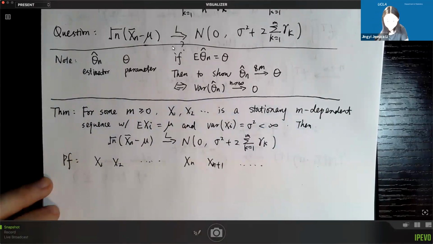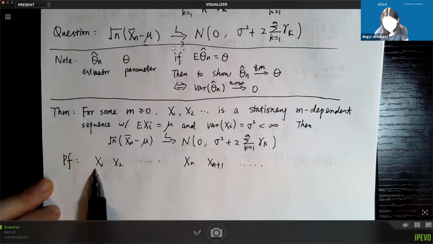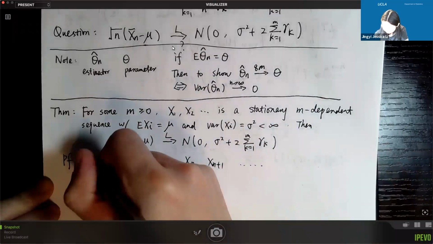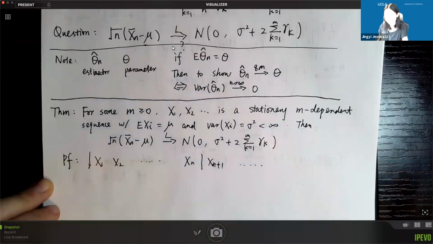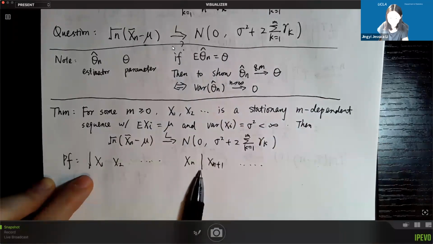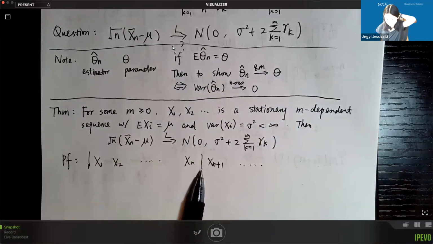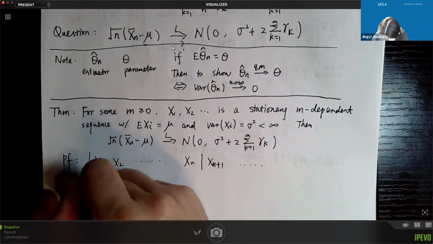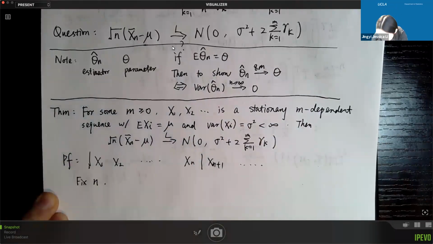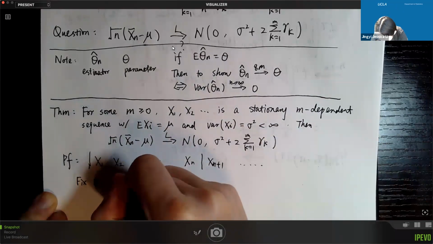What I'm trying to do is first consider n to be fixed, so basically I look at this part, and then I allow my n to go to infinity. But for now, I consider my n to be fixed. And what's more, I want to fix things: first fix n, and then I fix a constant k.